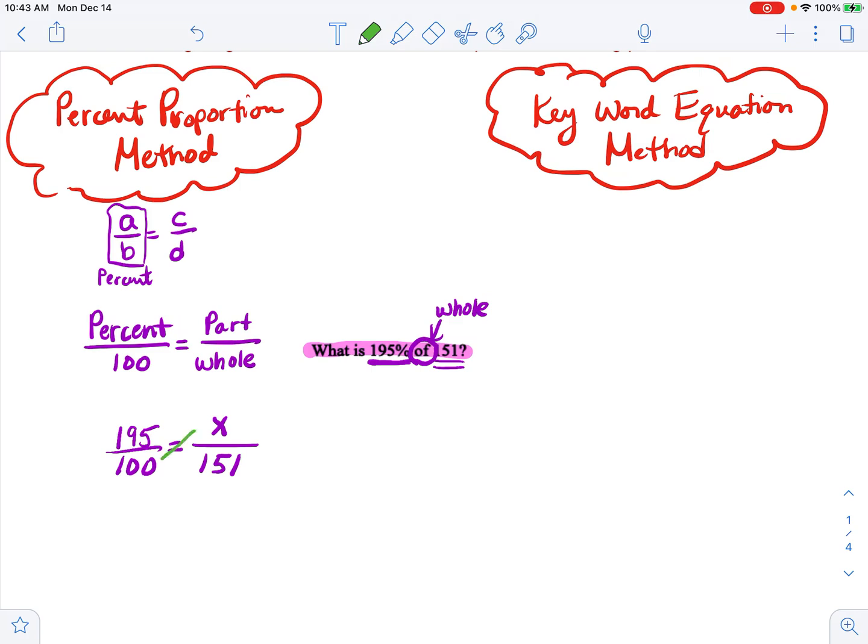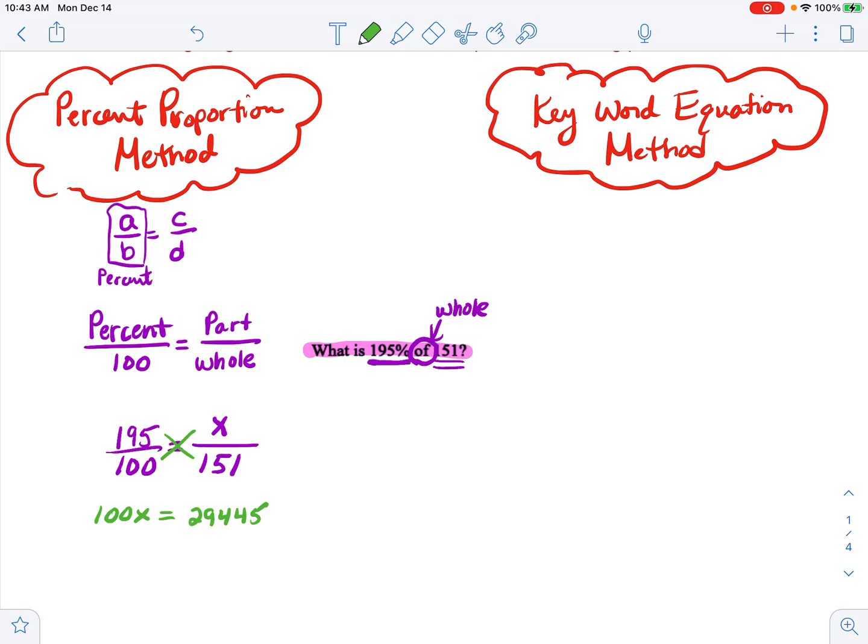So let's start here. 100 times x is 100x. And when we cross multiply the other side, we get 195 times 151. That's 29,445. And I said earlier that if they are proportional, which they are in this case, their cross products are equal to one another. So we're going to make the equal sign in between them.